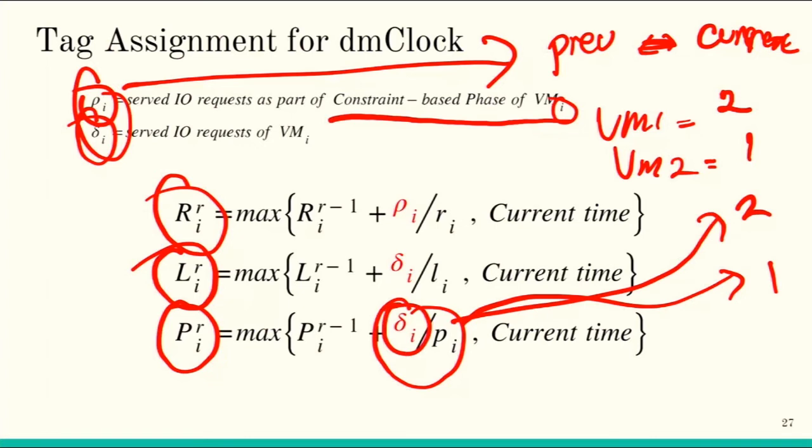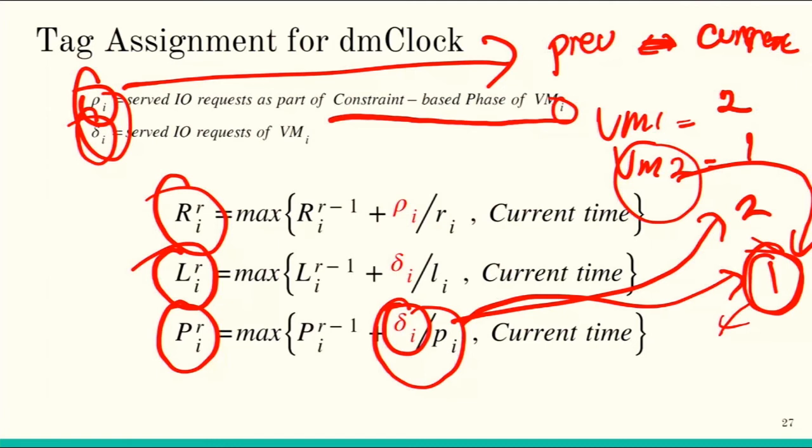And for the next request, we will give higher priority to VM2, because VM2 only has one request completed. But again, this also depends on the proportional share value. This is just for the gap interval.